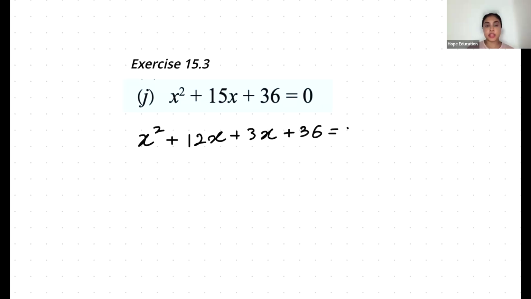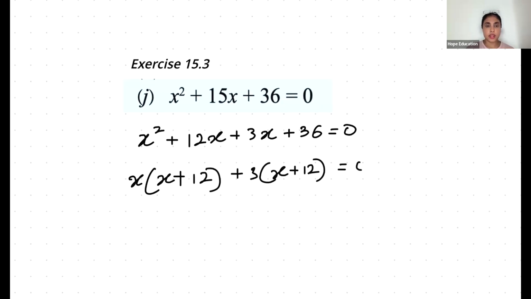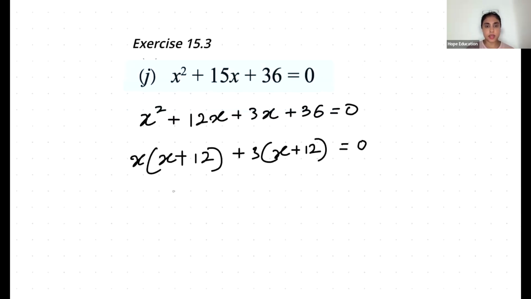Now if you take the first two, x is common, so I take x out. That would be x plus 12. In these two, 3 is common. So when I take 3 out, I have x plus 12. So then I have x plus 12, x plus 3 equals 0.